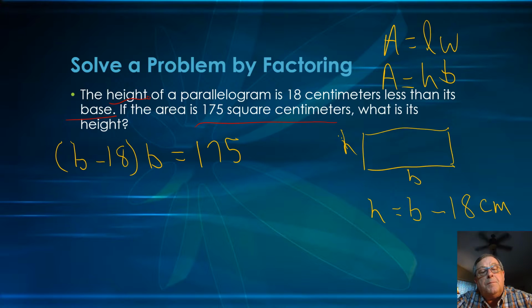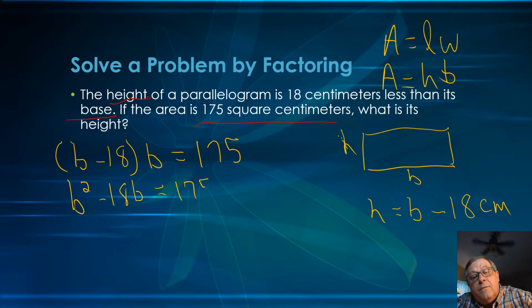Now let's distribute the B to the B minus 18, and that would give me B squared minus 18B equals 175. But I'm wanting to solve this quadratic equation, so I'm going to subtract 175 from both sides and get this equation equal to 0.